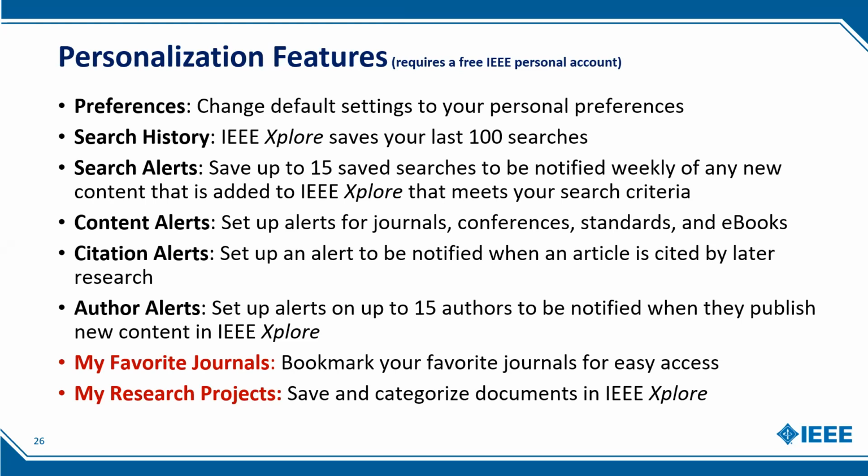And our newest features via the IEEE personal account. My Favorite Journals, you can bookmark your favorite journals, so they'll be linked off the homepage of IEEE Xplore when you sign into your IEEE personal account. Or My Research Projects allows you to save and categorize documents in IEEE Xplore.